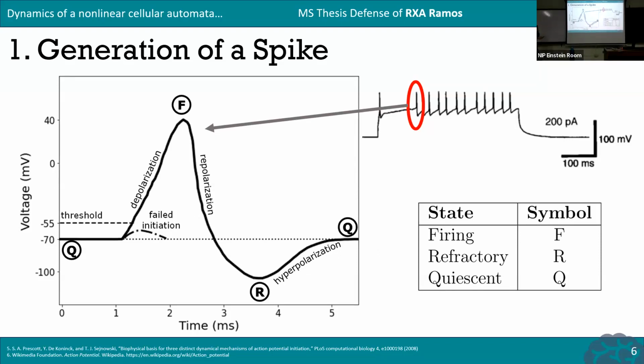Normally the neuron sustains a quiescent state, or quiescent potential, and then if the input signal to the neuron exceeds the threshold voltage, then the neuron will transition to F. So that's why we have that Q to F. And then all firing neurons will immediately repolarize to the refractory period or the refractory state, hence the transition F to R. And then during the refractory period, the neuron will start to hyperpolarize its ion channels, and it will go back, transitioning from R to Q. So this is the series Q to F, F to R, and back, R to Q.